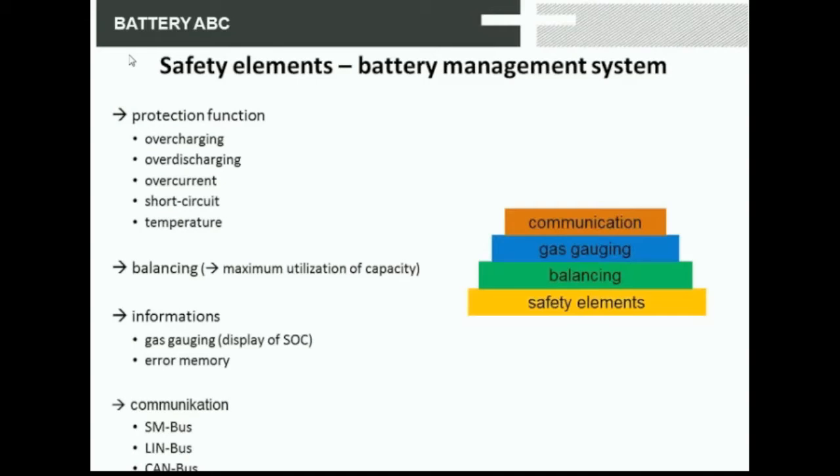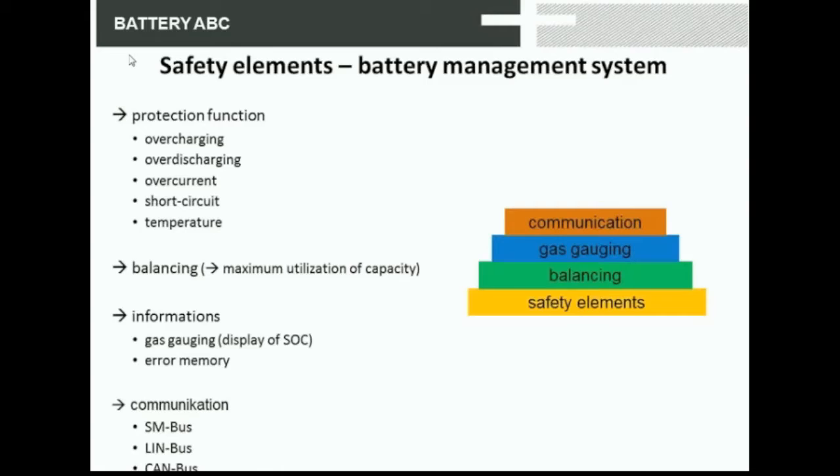It can have features like balancing, for example, when you have cells over the years, the internal resistance of the cell changes, and this balancing feature helps you to increase lifetime.